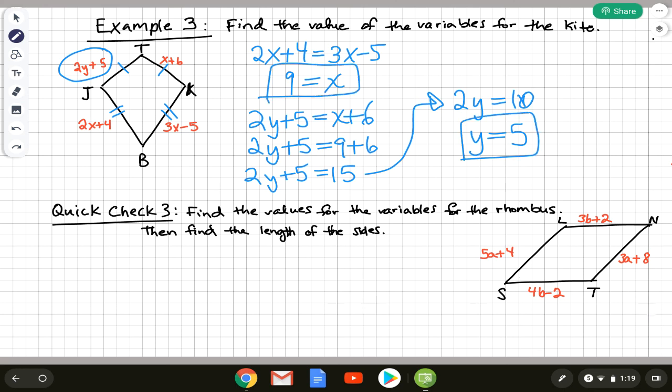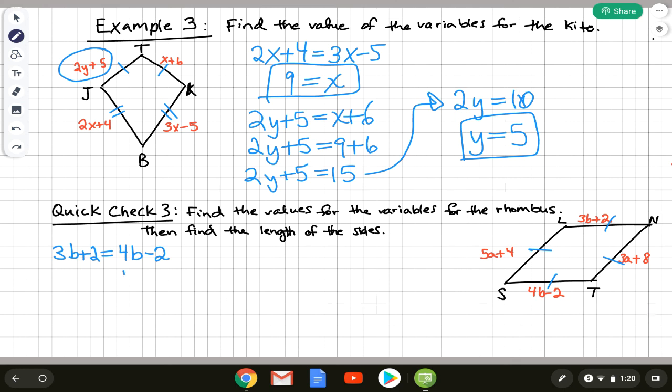Okay, pause this and try quick check 3. This time you're given a rhombus. Okay, so I hope you gave yourself a chance to work that out. Now, what we know about the rhombus is that all the sides are the same length. So I can set equal the ones that have the same variables. I can say 3b plus 2 equals 4b minus 2.